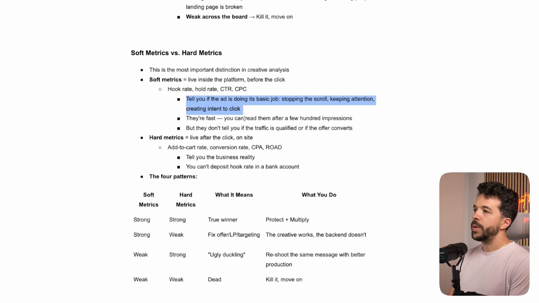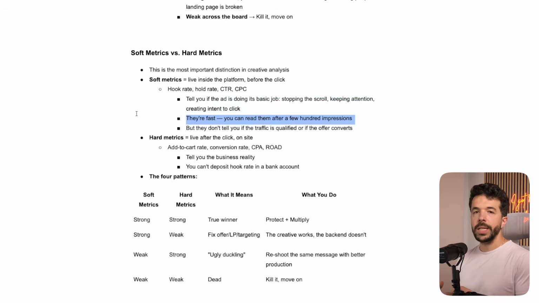This tells you if the ad is doing its basic job: stopping the scroll, keeping attention, or creating intent to click. The good thing here is that they're fast, so you can read them after a few hundred impressions. You don't need to see a whole bunch of sales to get soft metrics, so usually you get an understanding of how they're performing without having to spend thousands of dollars.